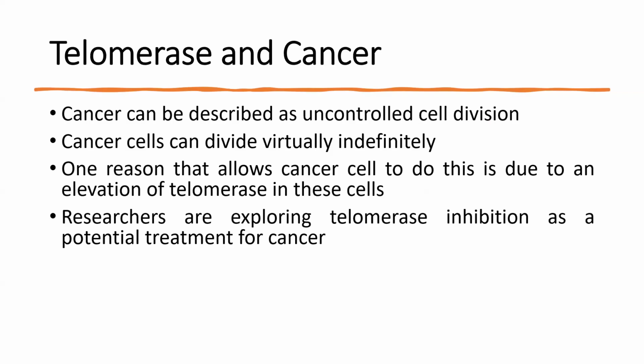And one of the reasons is that they have telomerase. They are not supposed to express telomerase; only germ cells are supposed to have it. But cancer cells, because of mutations, are able to have telomerase, and that allows them to have really long telomeres. Every time it gets too short, they just make it longer, and it can divide and divide and divide.